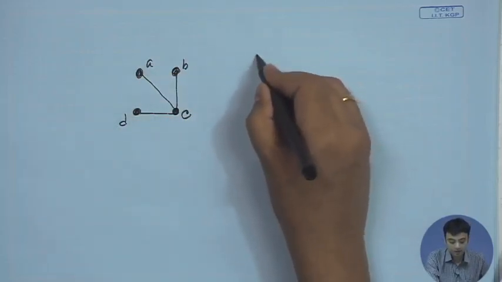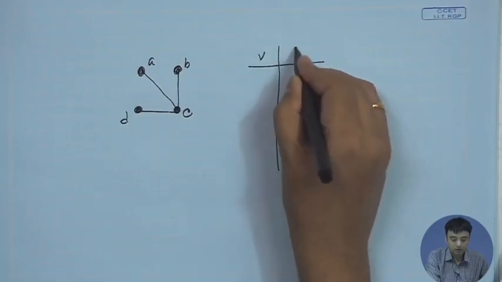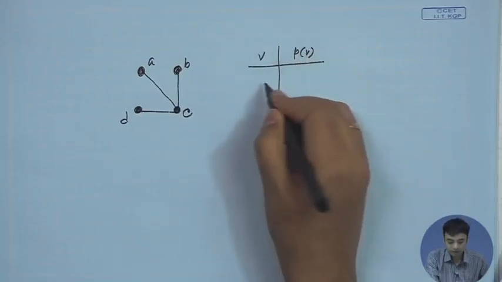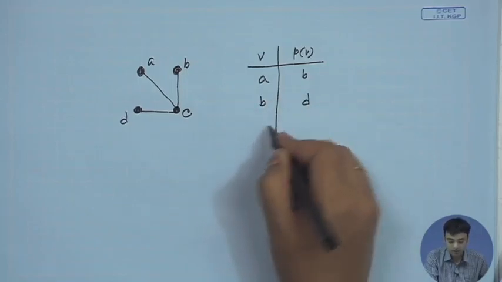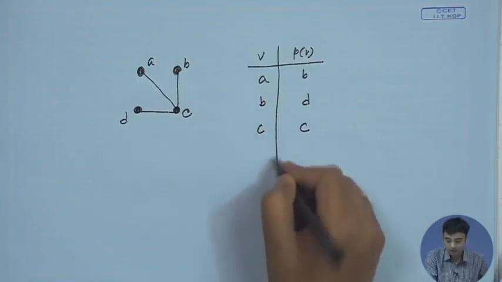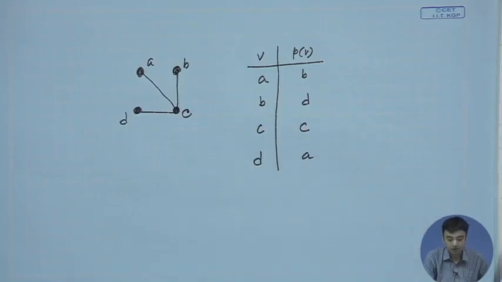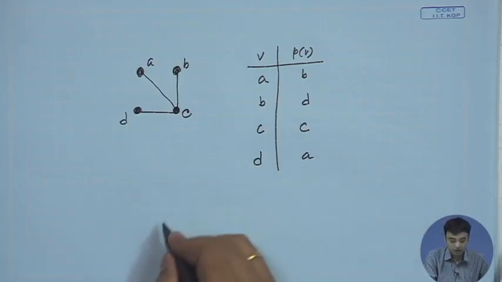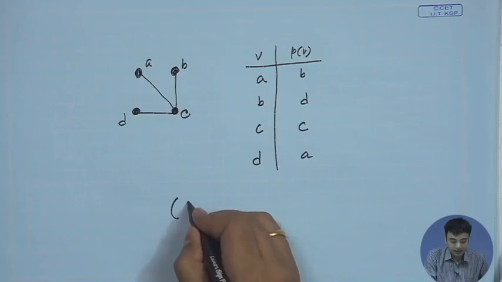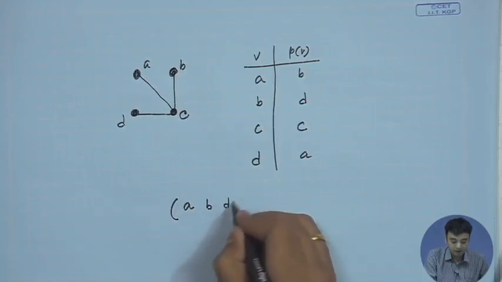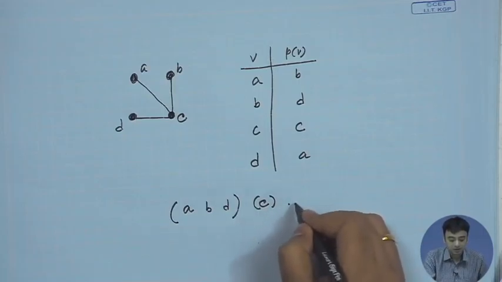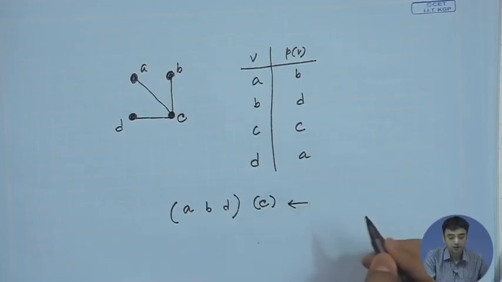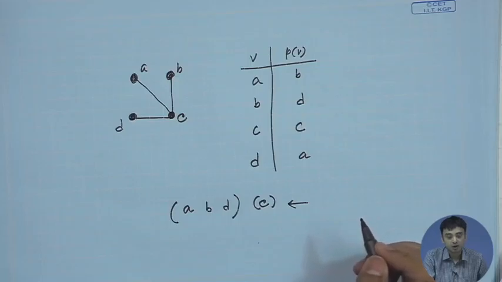Again we can establish the following automorphism: A maps to B, B maps to D, C maps to C itself, D maps to A. So, then you have a cycle like (A, B, D) and C separately. This is a very compact way of representing an automorphism in a graph.